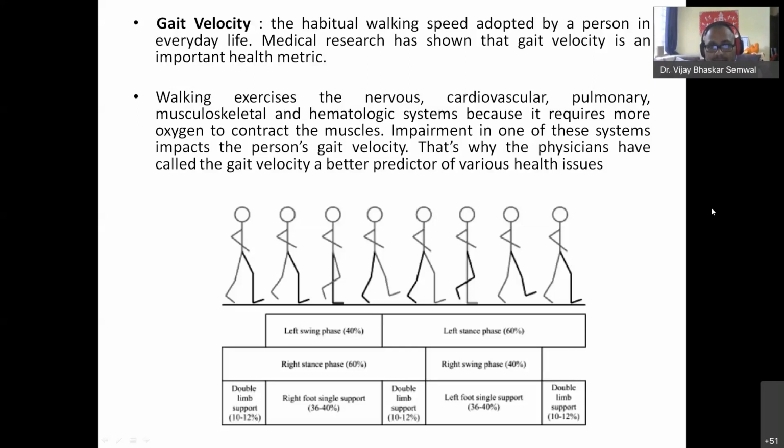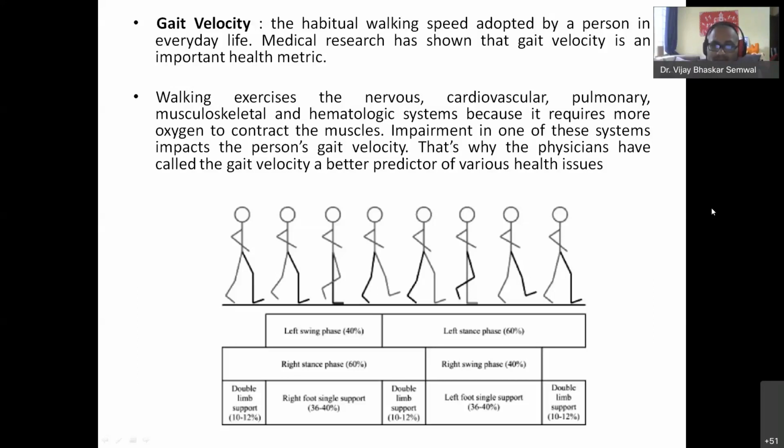So, to contract the muscles. Impairment in one of these systems, that means some deficiency or defect occurring in any of the systems, will impact the person's gait velocity. That means you will not be able to perform your walk or speed as efficiently as before.